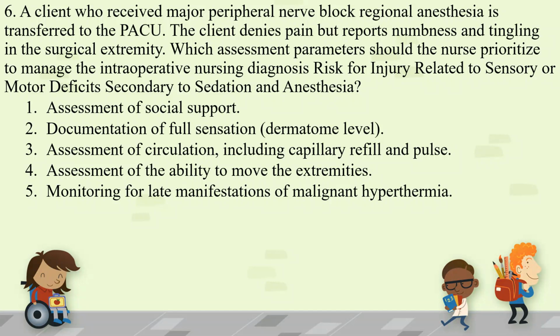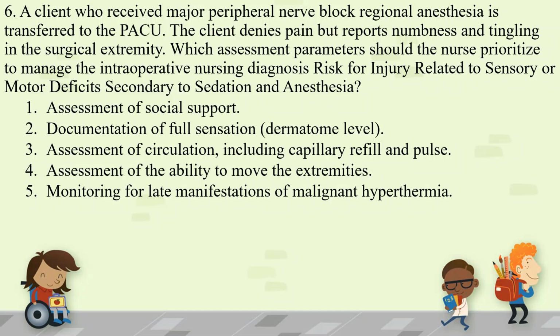So when managing the risk for injury related to sensory or motor deficits secondary to anesthesia, part of the key assessment is the ability to move the extremities. And of course, we are also going to look into the dermatome level or the documentation of full sensation. And we also include here pulse, specifically in the peripheral area, circulation, and capillary refill.